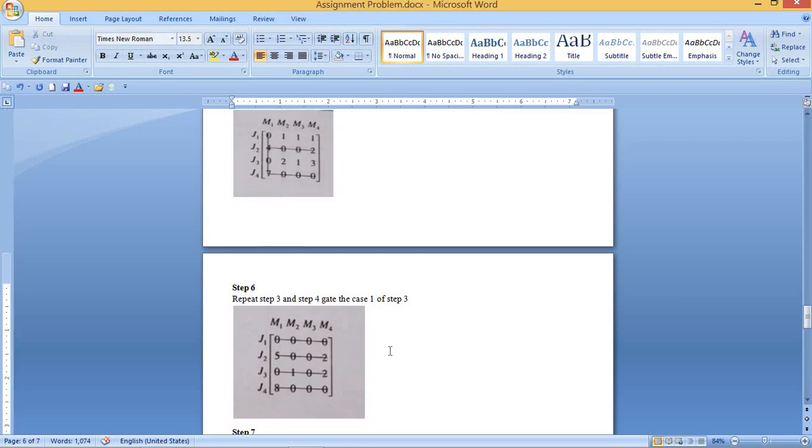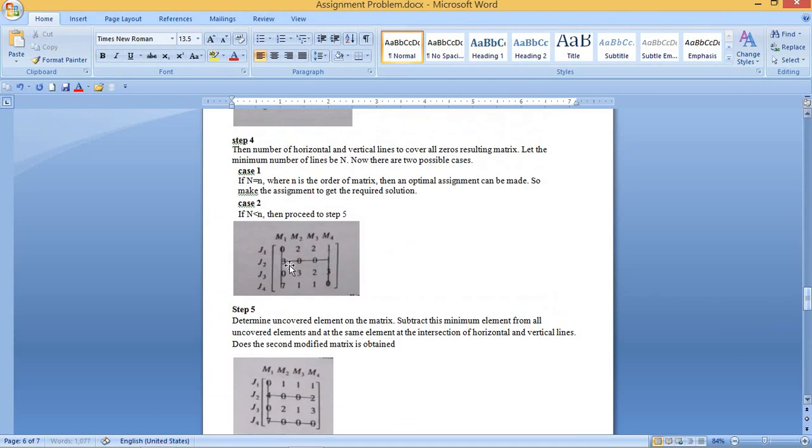Here capital N is equal to 4 and small n is also equal to 4. So we go to step 4 and consider the case 1 condition. What is the condition here? If N is equal to n, here 4, then the optimal assignment can be made. So make the assignment to get the required solution.